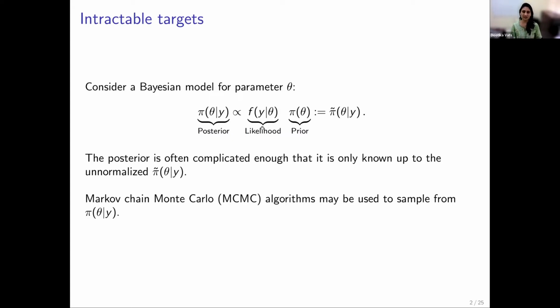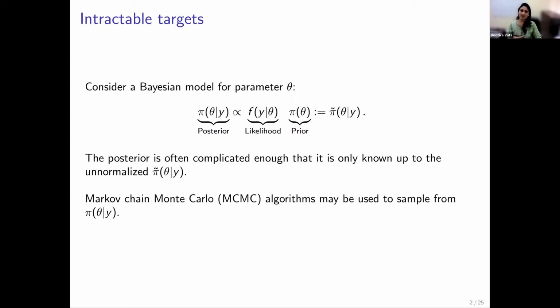Because pi theta given y has to be a valid density, we know that it has a unique proportionality constant. So we can just write that this is equal to some pi tilde, where a constant times pi tilde defines a proper density. So the posterior is typically quite complicated, either in a large parameter space or in general takes a complicated structure.